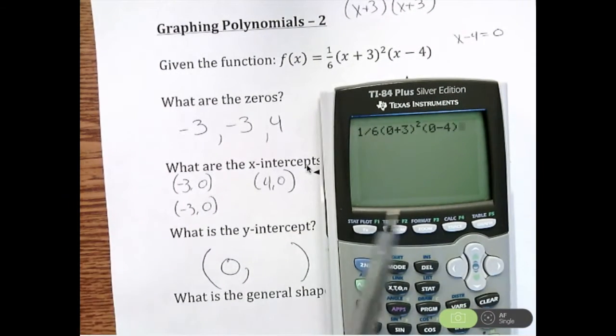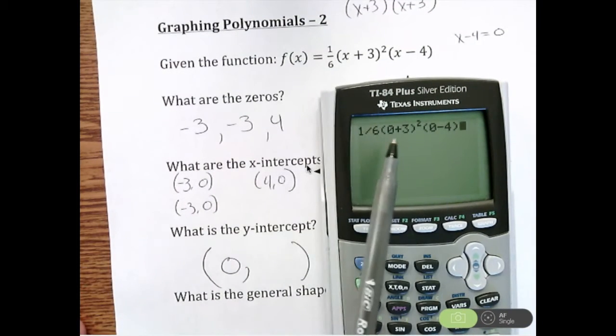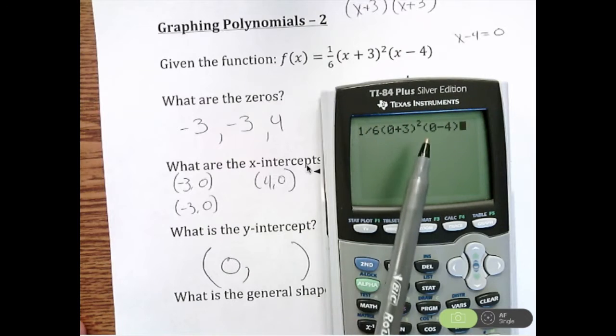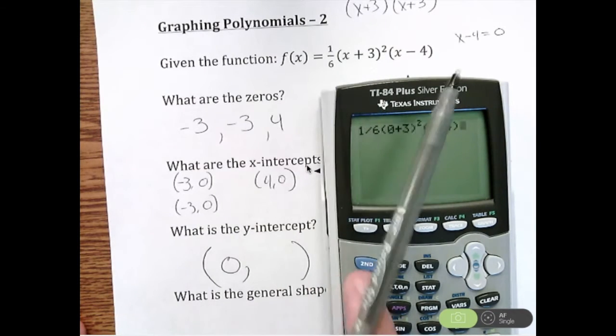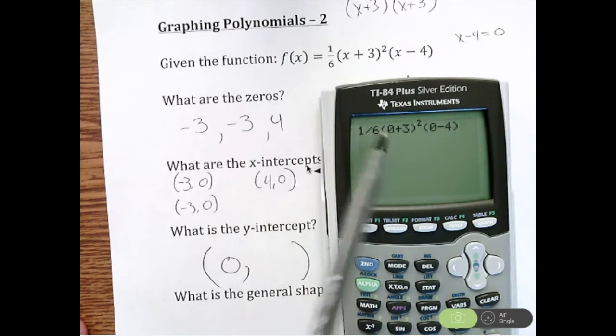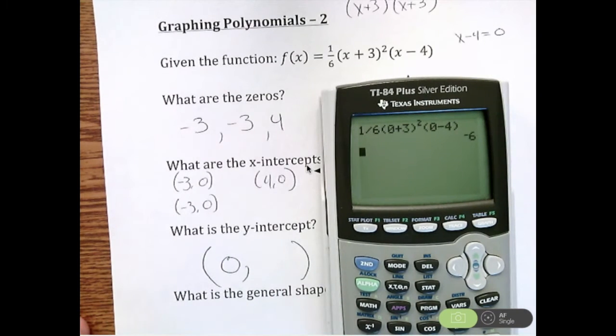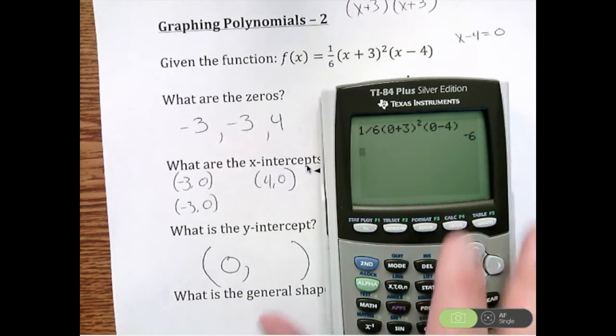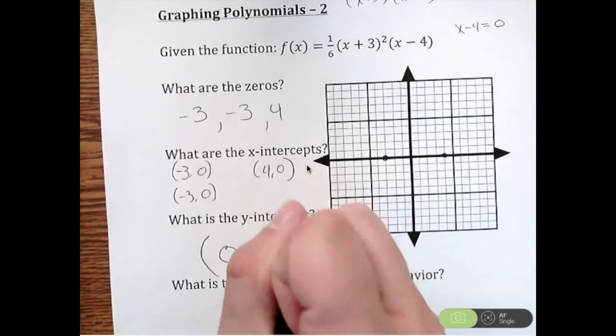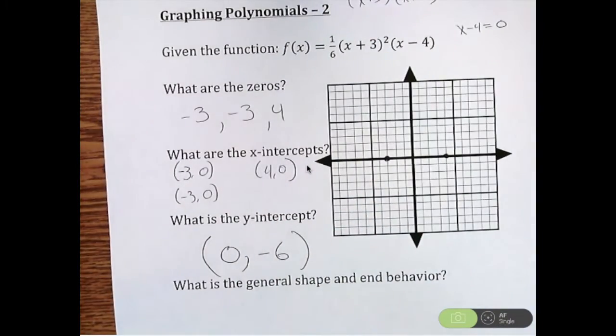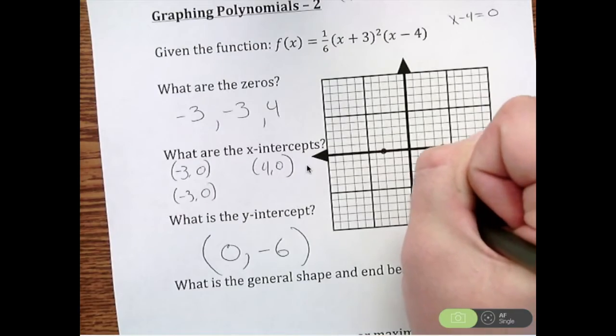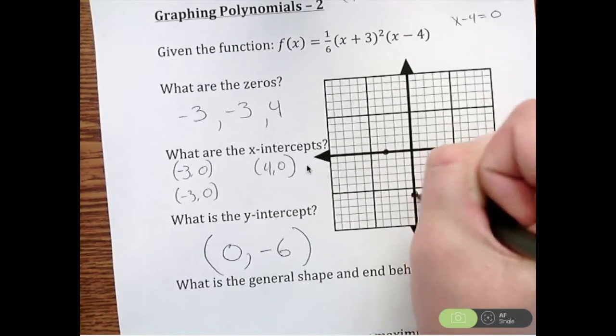I already have it pre-put in: 1/6 times (0 plus 3) squared times (0 minus 4) in parentheses. So if you notice, this looks exactly like that, the only difference is my x's are zeros. If I hit enter there, I get negative 6. So my y-intercept is going to be at 0, negative 6. So I could go on my graph, 0, negative 6, right there.